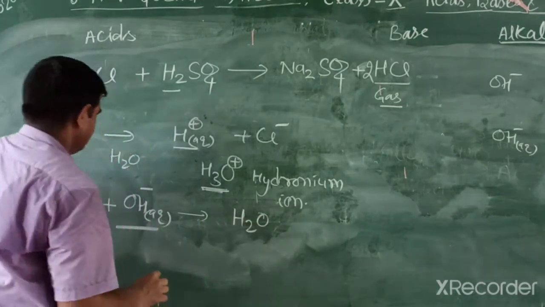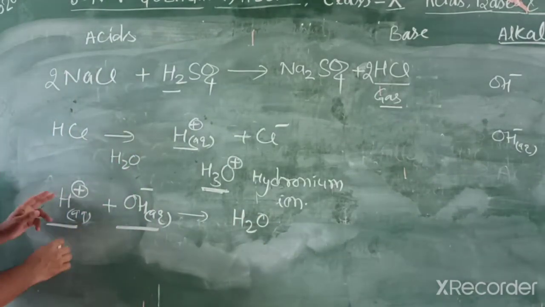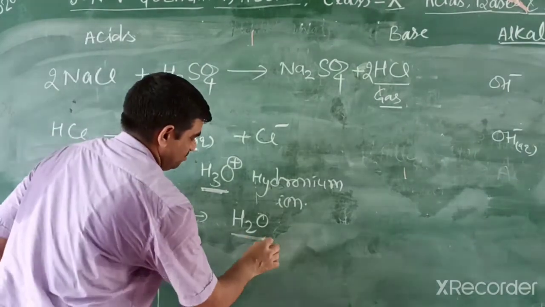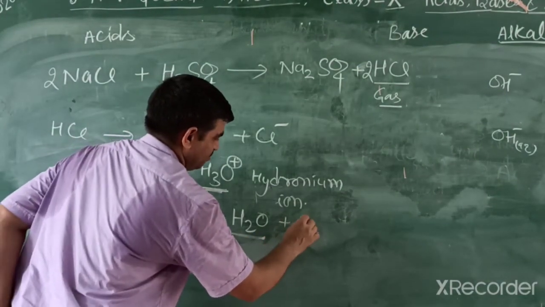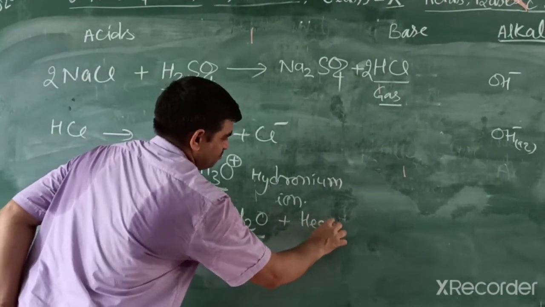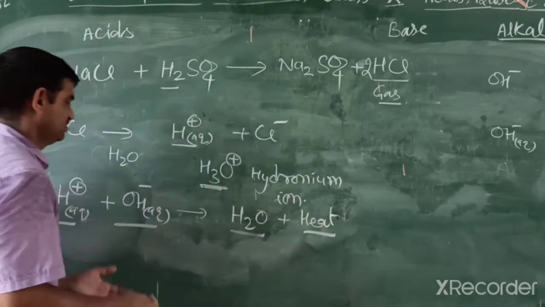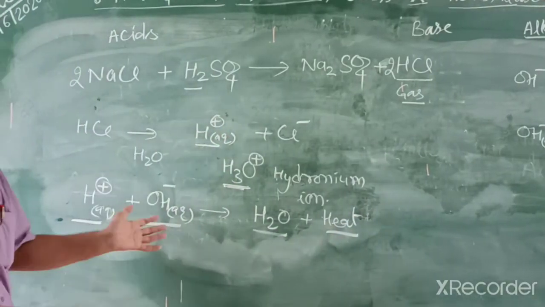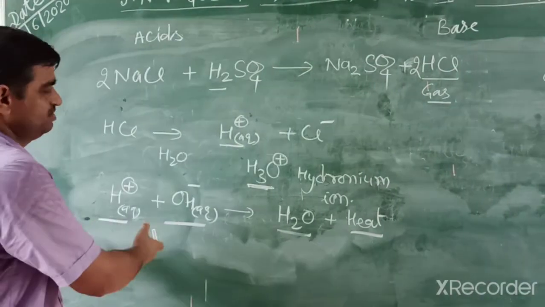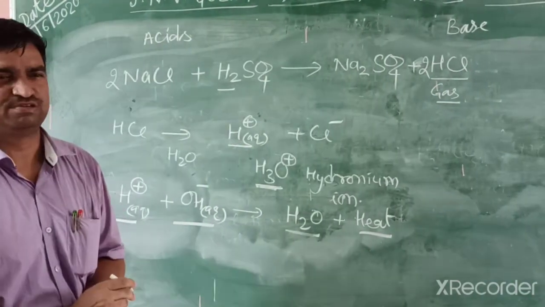This reaction is known as an acid-base reaction. They form water and a lot of heat is released, so this reaction is an exothermic reaction. In an acid-base reaction, energy is released.